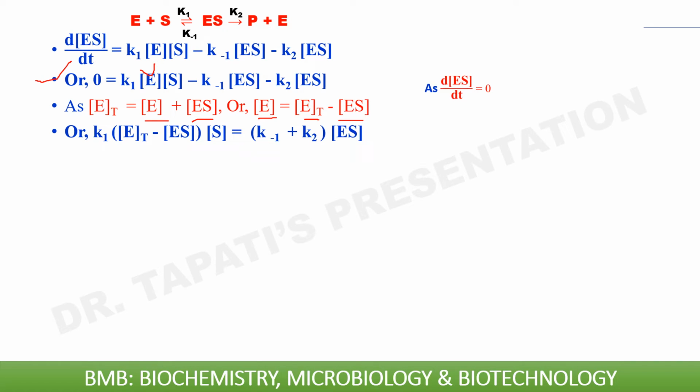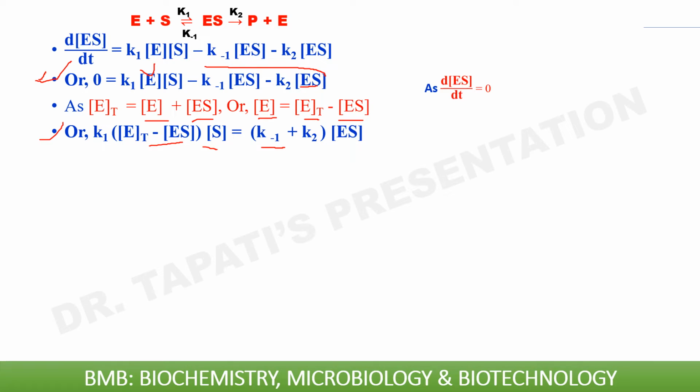Therefore, we can write the equation this way: K1 into (ET minus ES) into S is equal to (K-1 plus K2) into the concentration of ES.